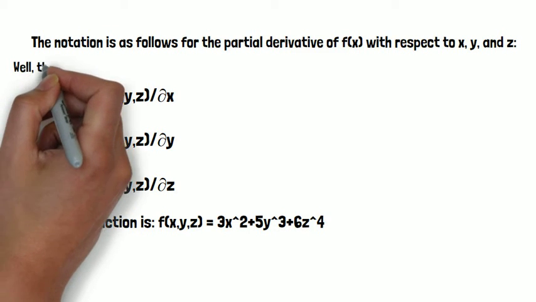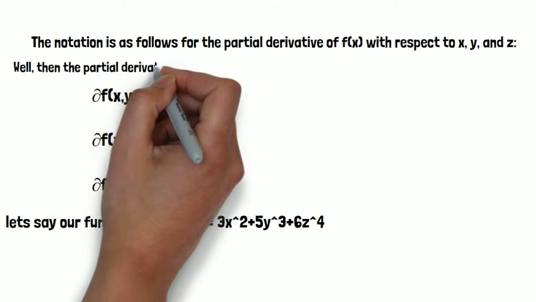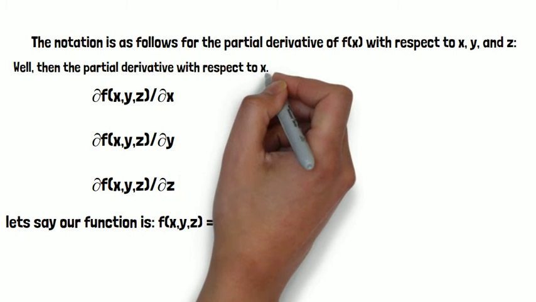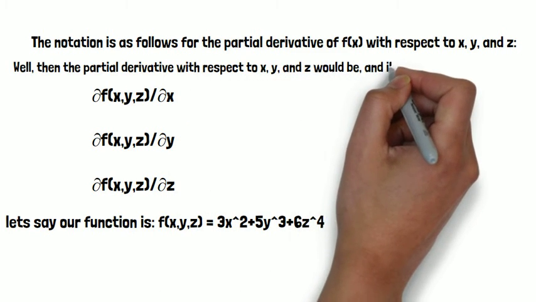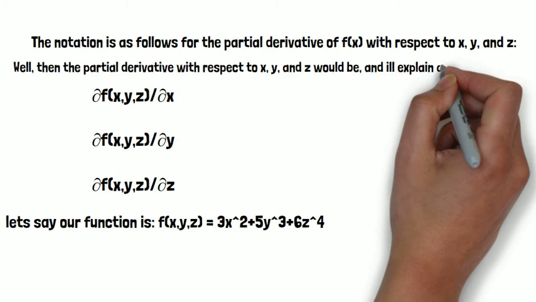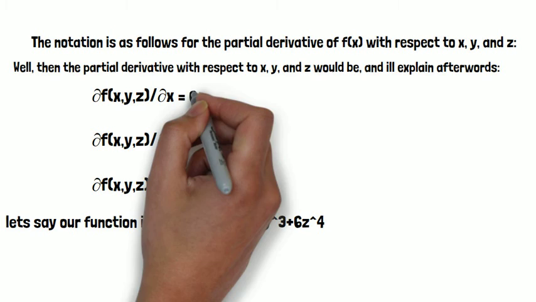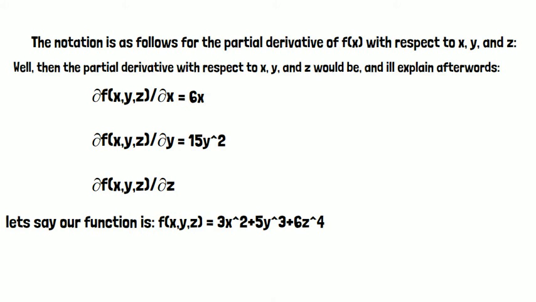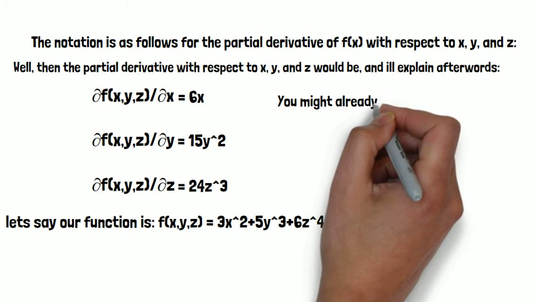So if our function f of x, y, z is equal to 3x squared plus 5y cubed plus 8z to the fourth, then using the partial derivative with respect to x, y, and z, we're going to take the derivative with respect to each of those variables and treat all the other variables as constants, because we're looking at the rate of change in that direction.